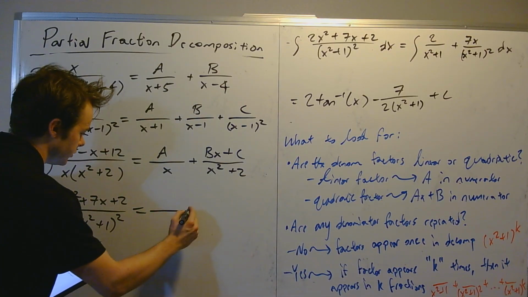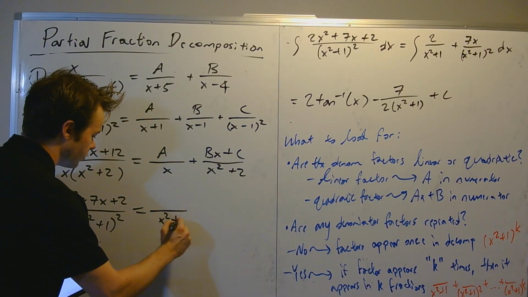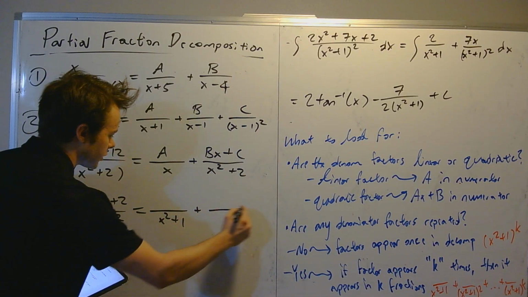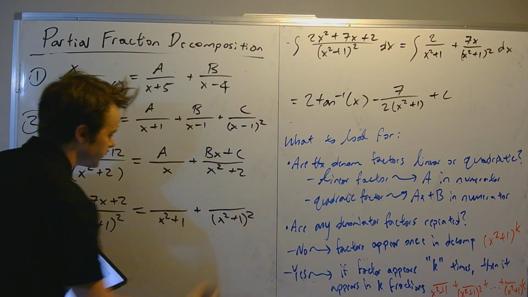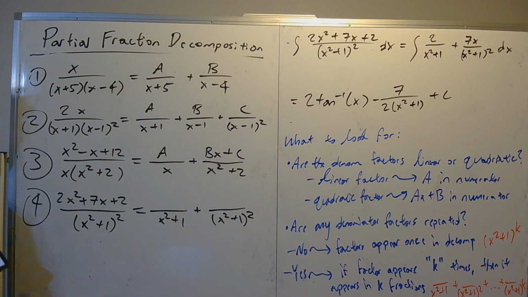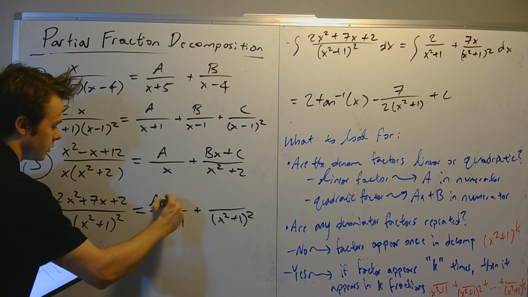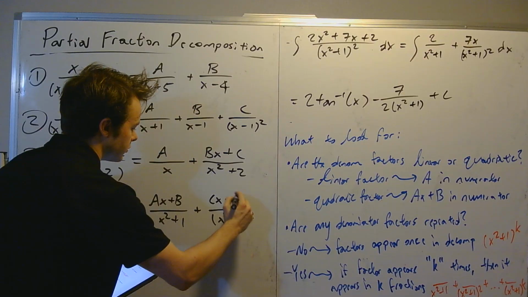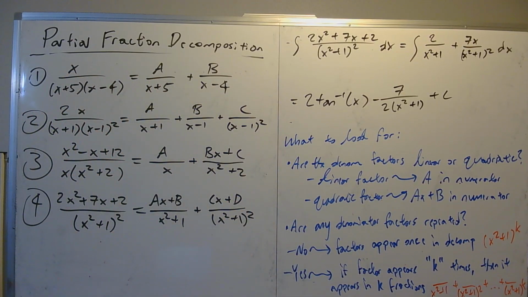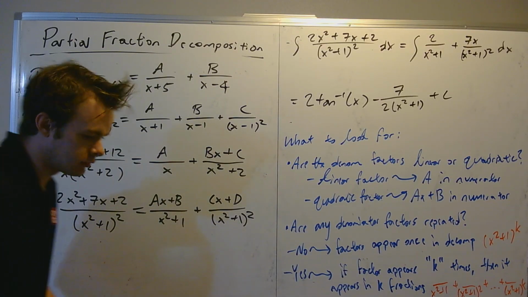This is going to be x squared plus 1, and the second one should be x squared plus 1 squared. Notice these are both irreducible quadratics, so you get ax plus b, and here you get cx plus d. Okay, and I'll list out 3 more cases for you to think about.